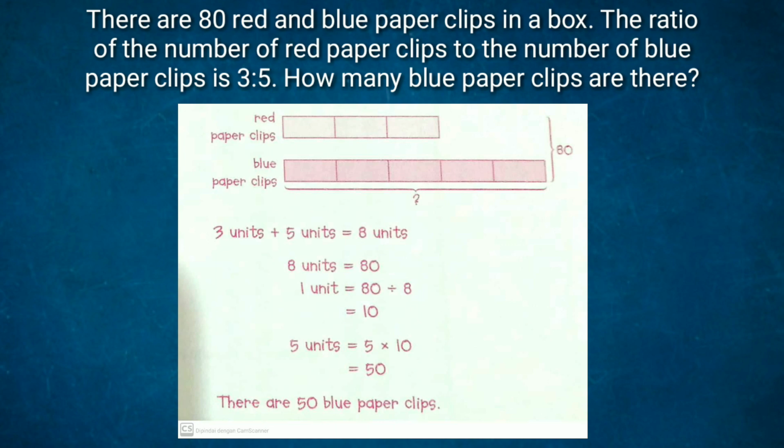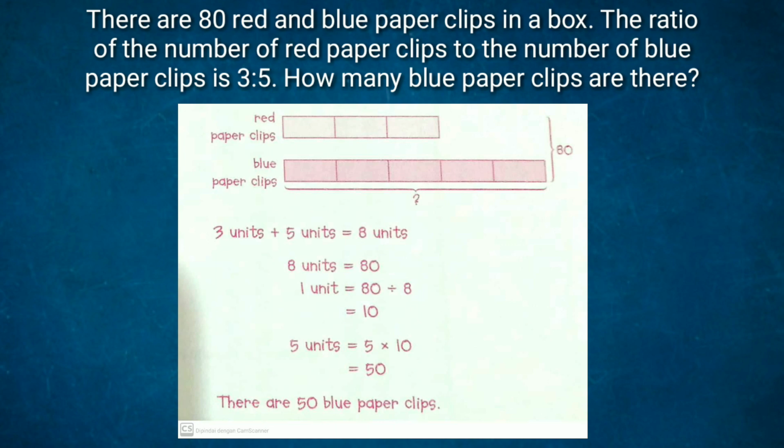Let's draw 3 units. 1, 2, 3. And then the ratio of the number of blue paper clips is 5. Let's draw 5 units. 1, 2, 3, 4, 5.